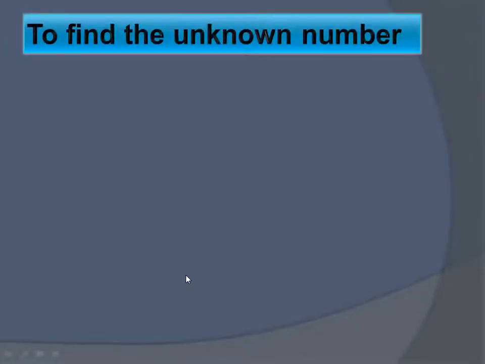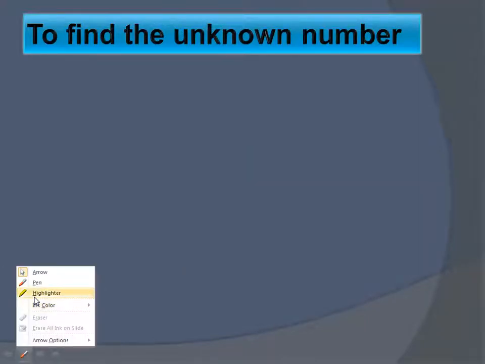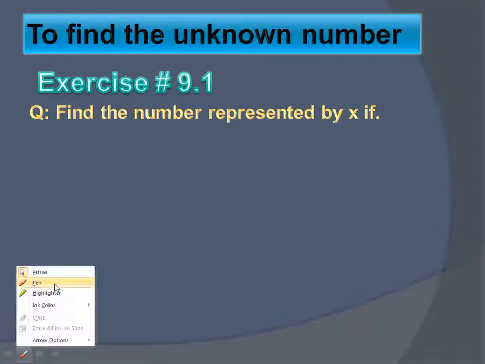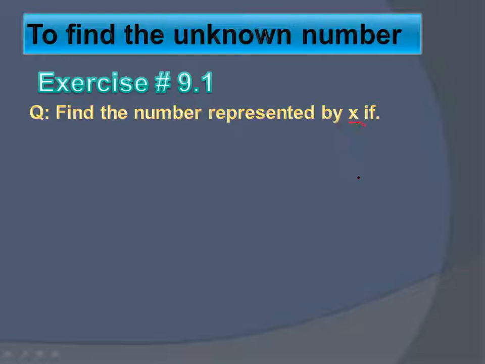To find the unknown means to find the number that you don't know. We are going to start from exercise number 9.1. What you have to do is find the number represented by x. Here you have the variable x and you do not know its value, so you have to find the value of x.